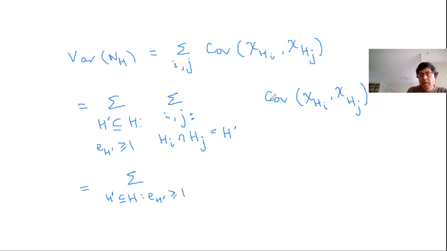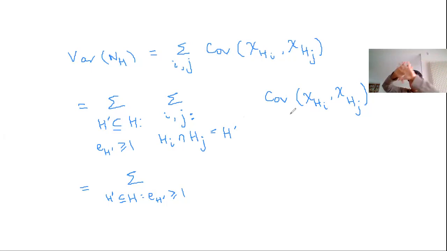And now, what's the covariance here when the intersection is H prime? We calculated that. It was some constant, p to the 2EH minus EH prime. Okay. It didn't depend on the particular values of I and j. So if you had the same pattern sitting at this set of vertices and overlapping in a certain way, the covariance was the same as if you moved it to another place in the graph.